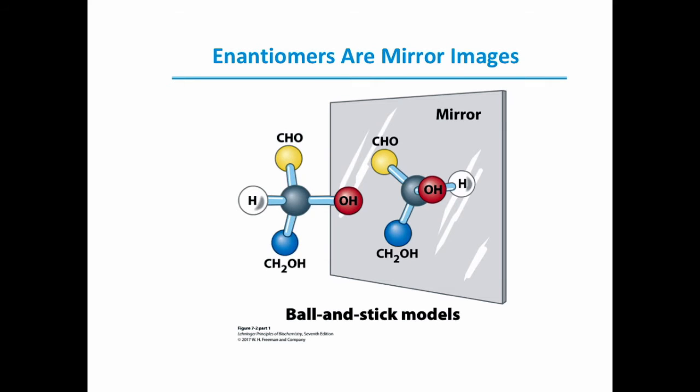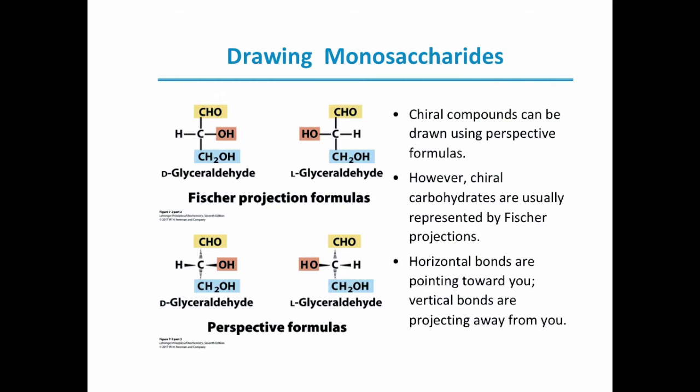So this figure just shows you how enantiomers are mirror images. When we draw monosaccharides, we can use a Fischer projection formula where we have the CH2OH at the bottom and the aldehyde at the top. And we can also draw this in a perspective formula.